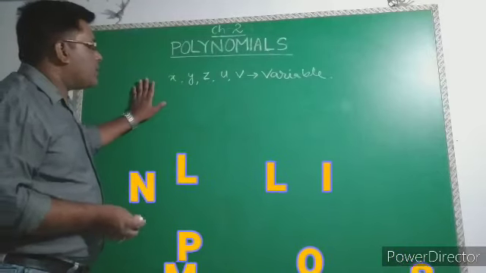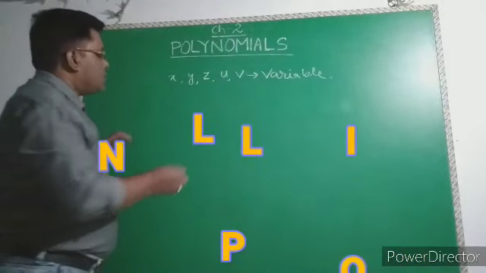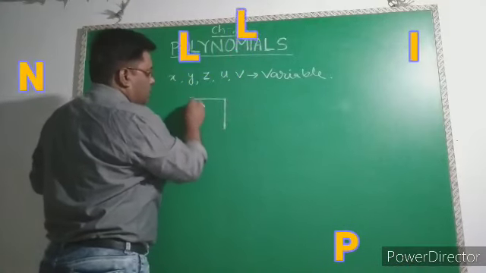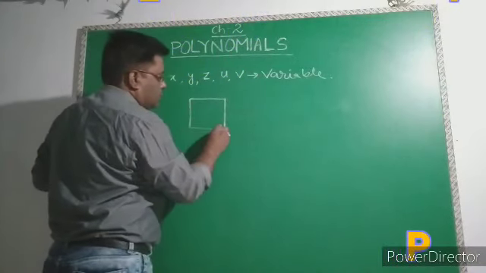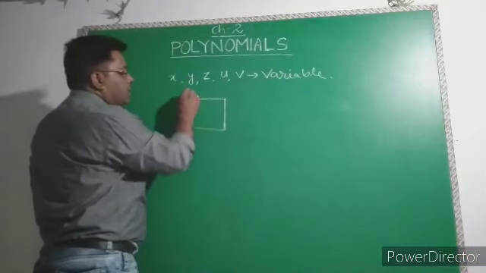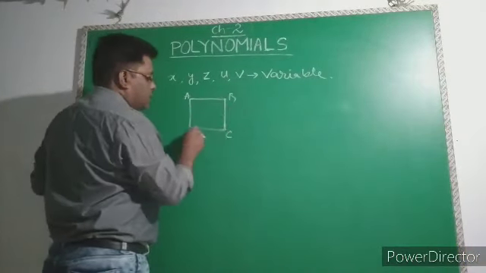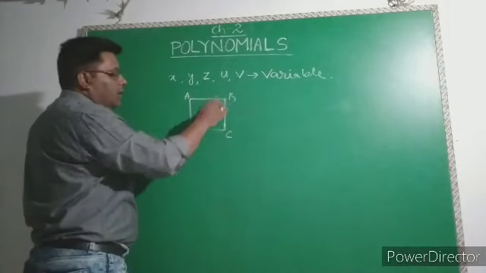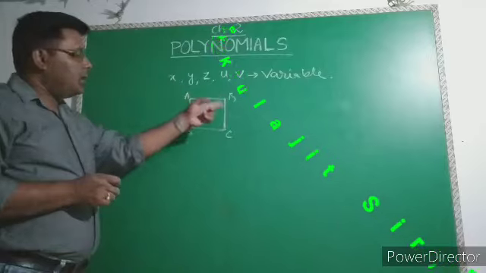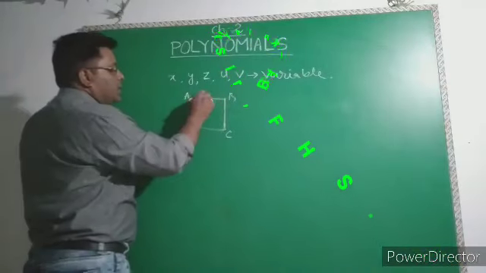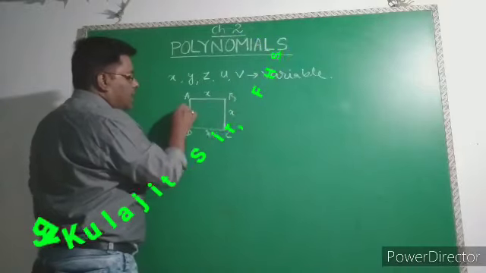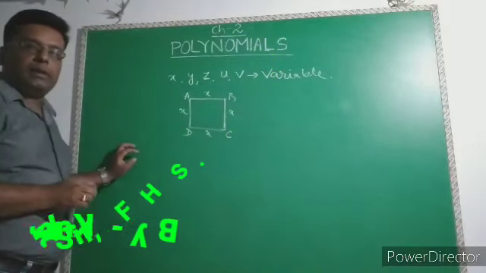Now, suppose we have a square here. We have a square ABCD. Now, these are the sides. In a square, sides are equal. So, suppose they are x centimeter or x unit, x unit, x unit, and x unit.